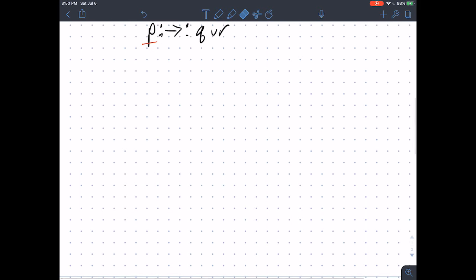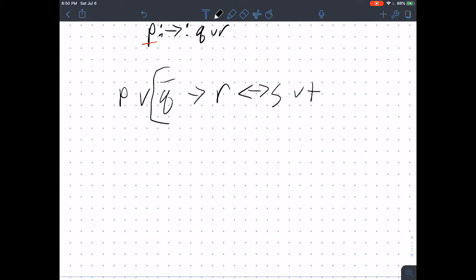Okay. So let's get a really obnoxious schema. So like P or not Q, therefore R, if and only if S or T. And let's do, is that well formed?